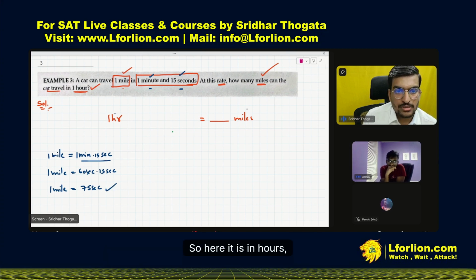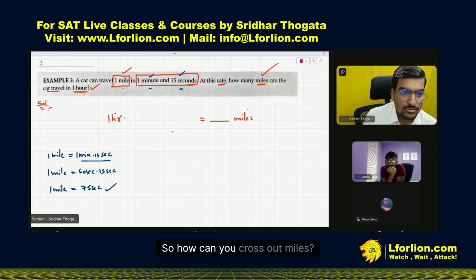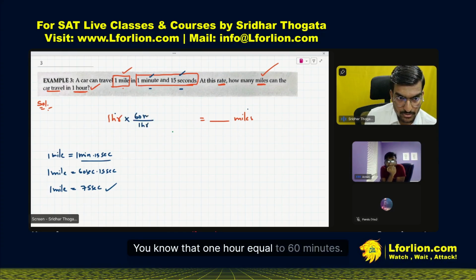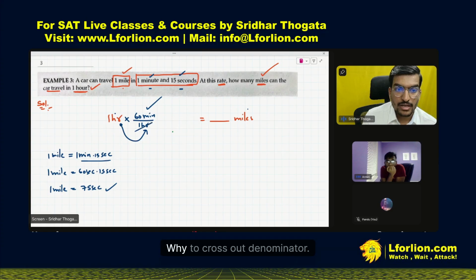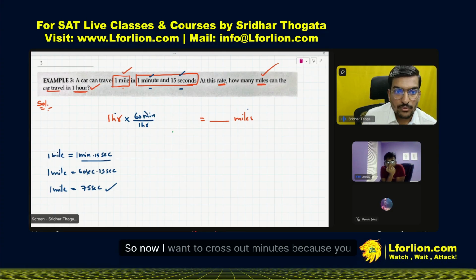Here it is in hours, and you need miles. So how can you cross out hours? What do you know about 1 hour? You know that 1 hour equals 60 minutes. I wrote this directly in the numerator to cross out the denominator. In that way I'm moving ahead. Now I want to cross out minutes, because you already crossed out hour and hour.